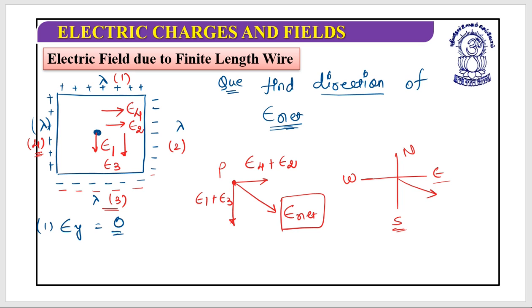If I need to write it in terms of i and j, then that should be certain x minus certain j, because here I am interested in only the direction.